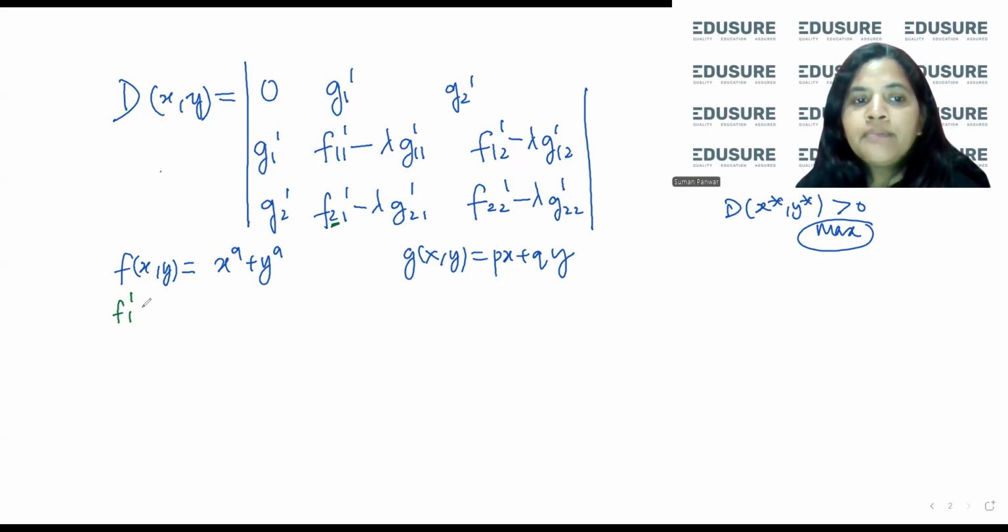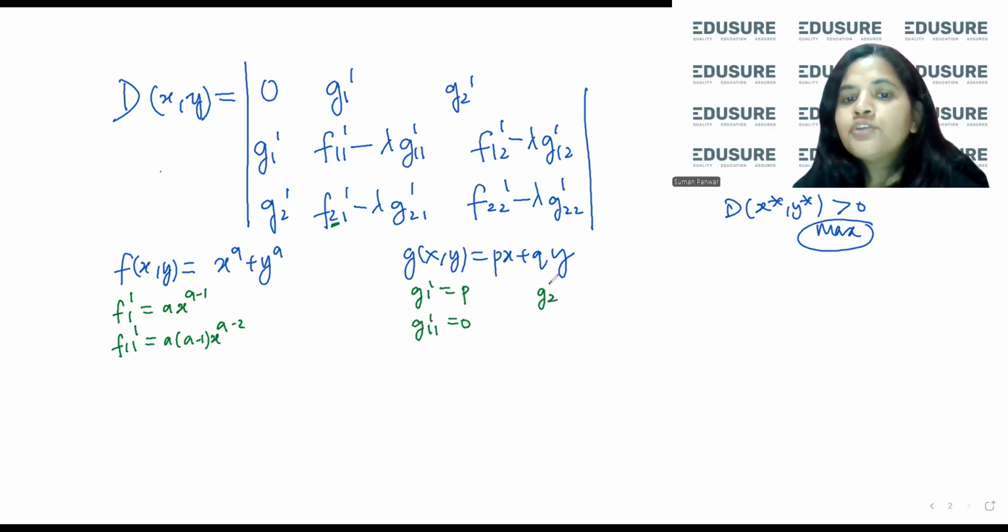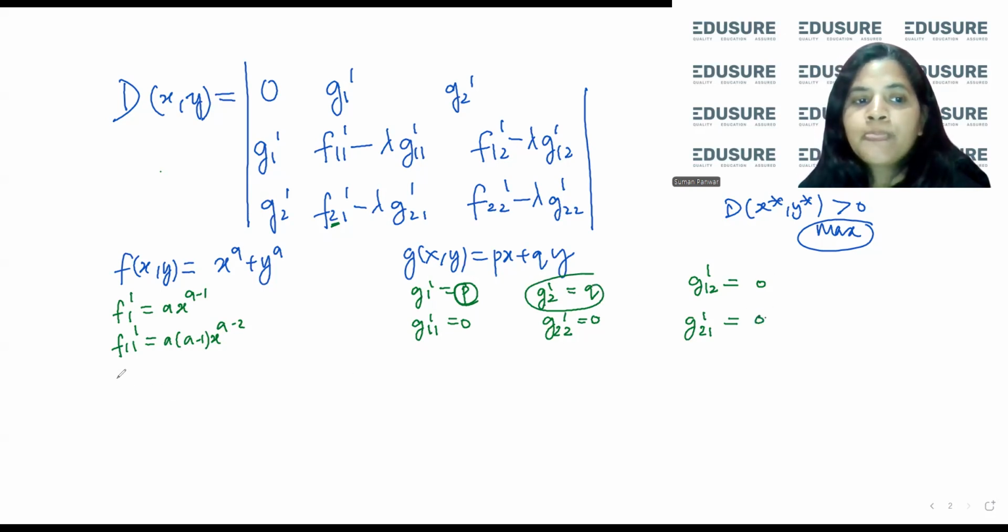So f1' will be a x^(a-1), and f11' again differentiating with respect to x. g1' will be p and g11' will be 0. g2' will be q, differentiating with respect to y, and again it will be 0. g12' is 0, g21' is 0, and f12', differentiating the partial derivative with respect to y, is 0.